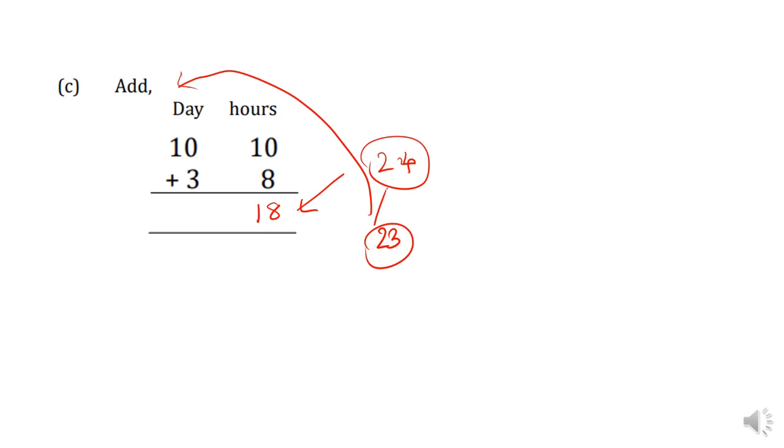In this case, you get 18, and 18 is fine, because it is less than 24. Right. So, in days, 0 plus 3 is 3. 1 plus 0 is 1. So you get the answer, 13 days, 18 hours.